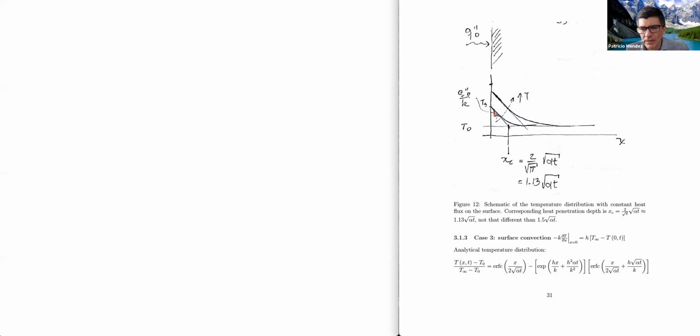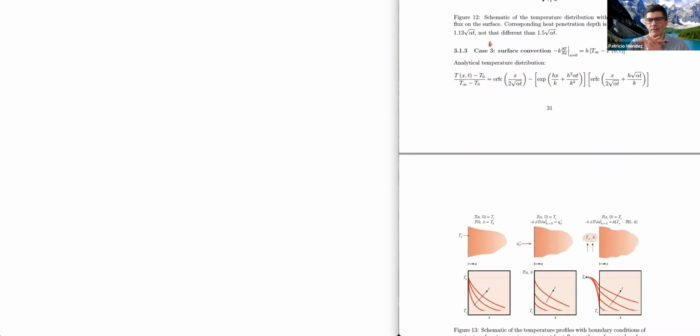And this gradient is interesting. If you remember the gradient, meaning the rate of heat flux into the surface, used to decrease for the case of constant surface temperature. But now this gradient is constant. Why is it constant? Because I'm putting a constant amount of heat into the surface.